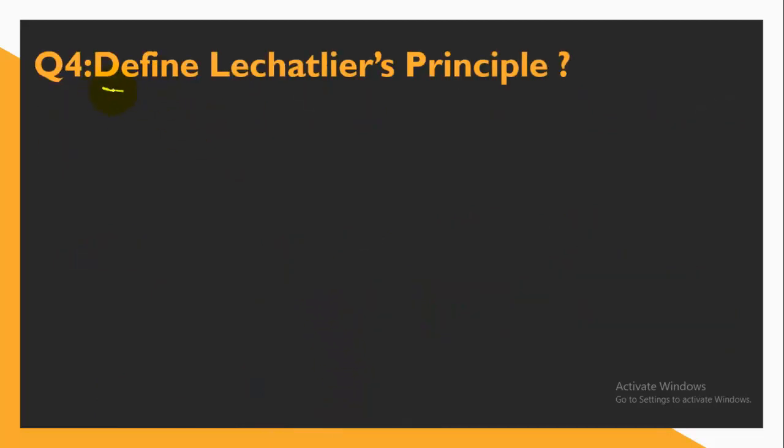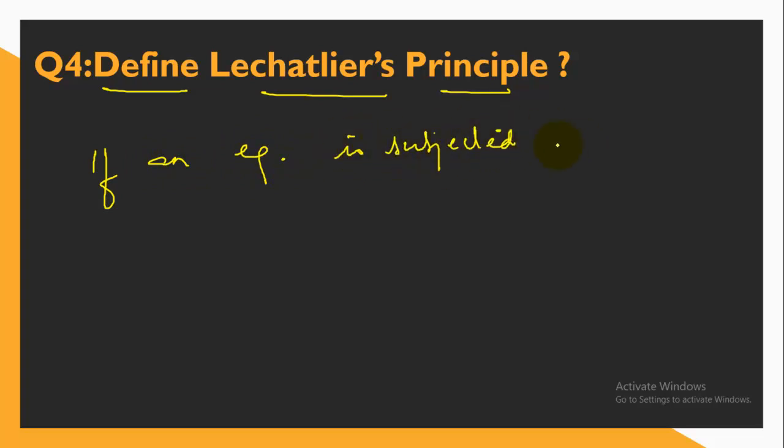Next question is, define Le-Chatelier's principle. We know that Le-Chatelier's principle is a principle according to which we can explain the factors that are affecting the equilibrium. So according to it, if an equilibrium is subjected to any kind of stress, whether it is a stress of the increase or decrease in concentration, increase or decrease in pressure, or you can say the presence of inert gas, anything.